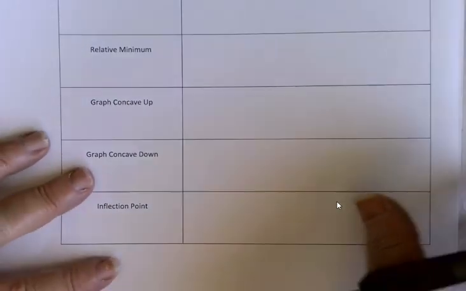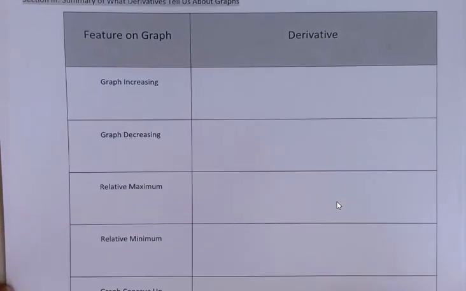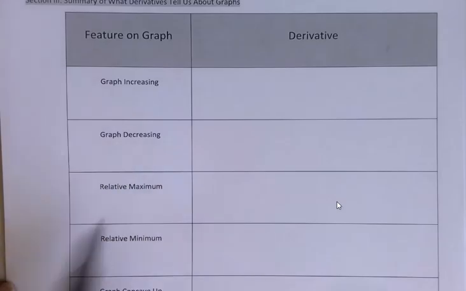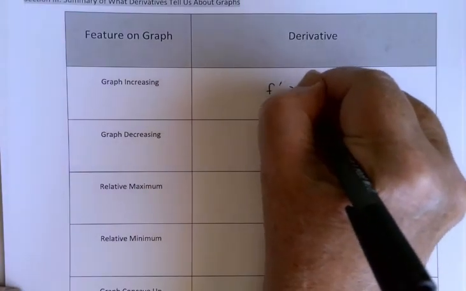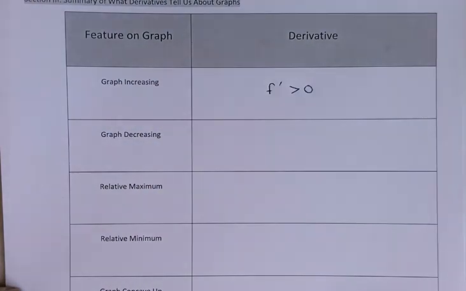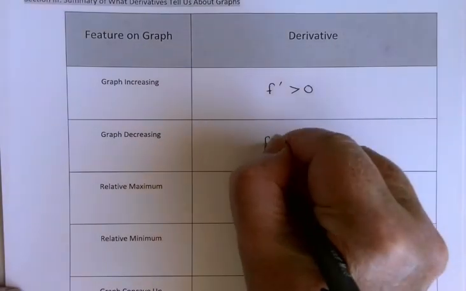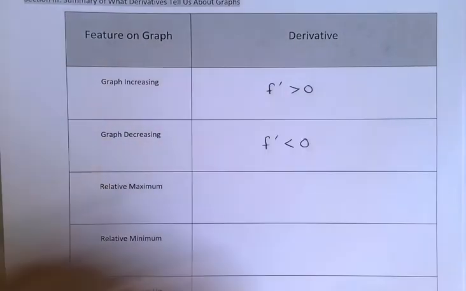All right, let's finish this part of the video up with a summary of everything we've just said. For each of these features on the graph, how do we know about them using a derivative? So the graph is increasing if the derivative is positive, and the graph is decreasing if the derivative is negative.